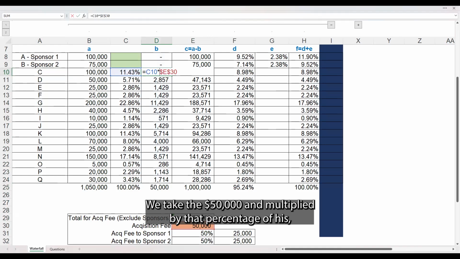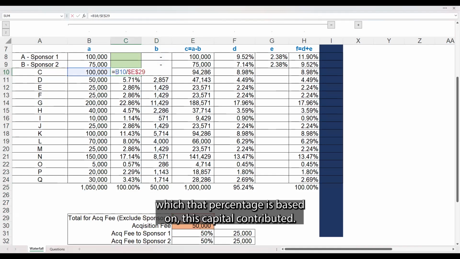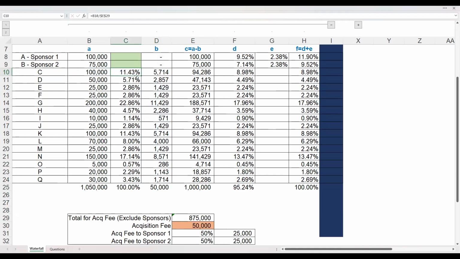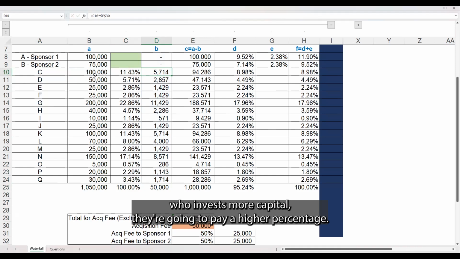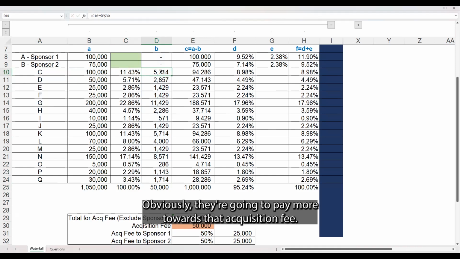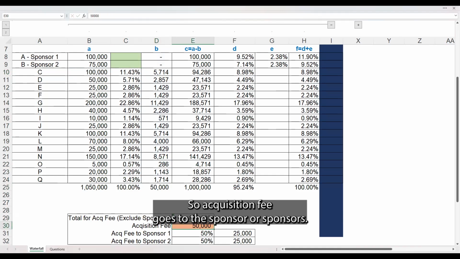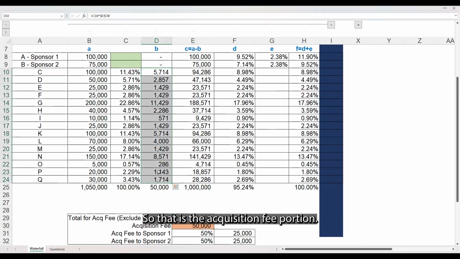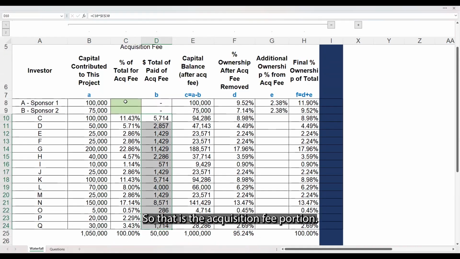We take the $50,000 and multiply it by that percentage, which is based on his capital contributed. See, the person who invests more capital is going to pay a higher percentage, obviously, and they're going to pay more towards that acquisition fee. This acquisition fee goes to the sponsor or sponsors. So that is the acquisition fee portion.